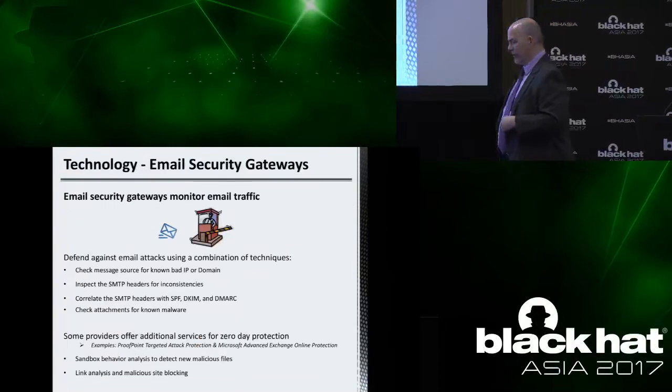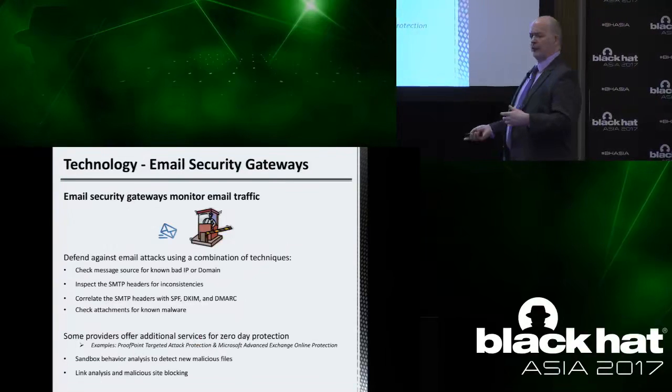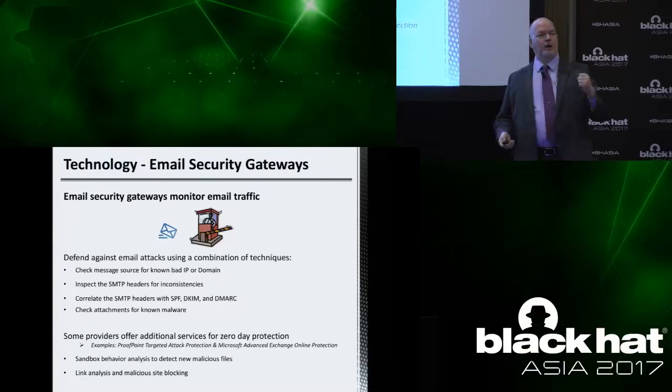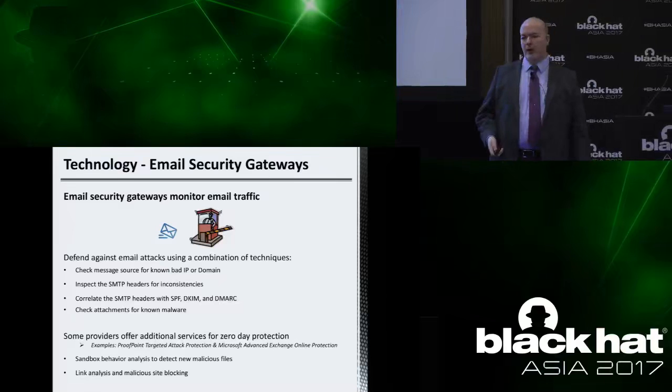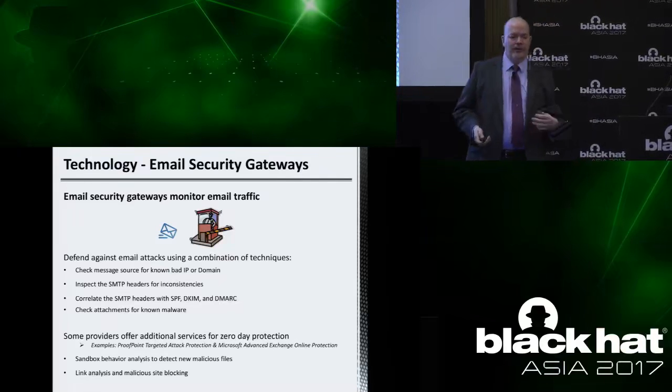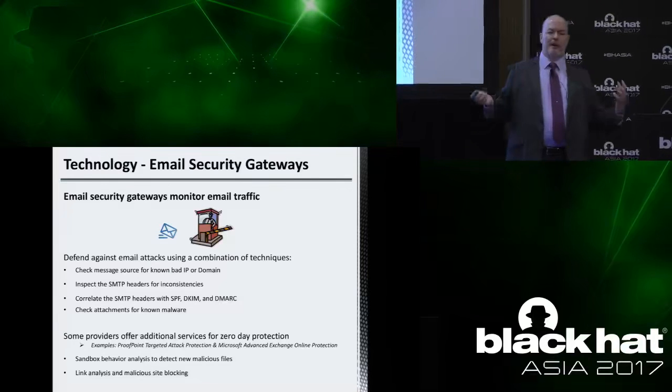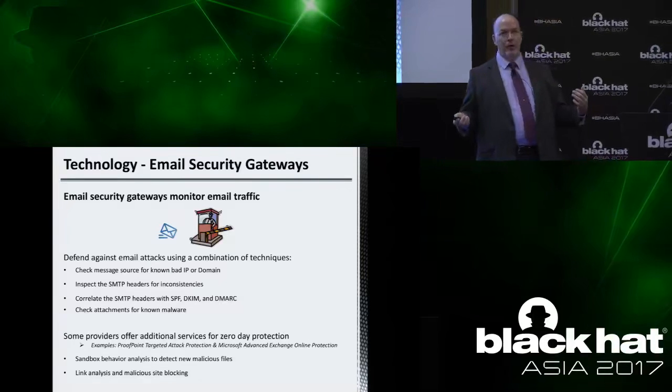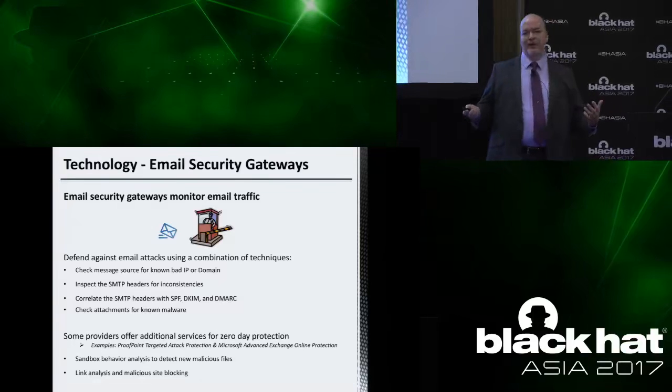Email security gateways. Email security gateways would be something like Proofpoint, Symantec has one, FireEye has one. There's a whole collection of companies that offer email security gateways. They do two things. One is they do generic spam prevention, right? So they're checking for known senders, known bad IPs or URLs that generate spam on a regular basis, and they'll just block those, right?